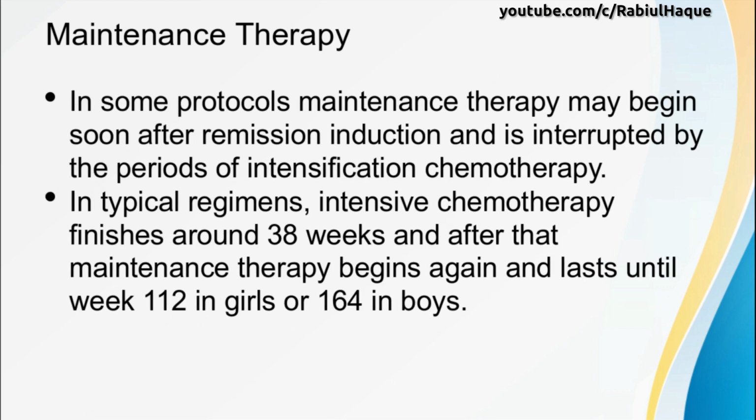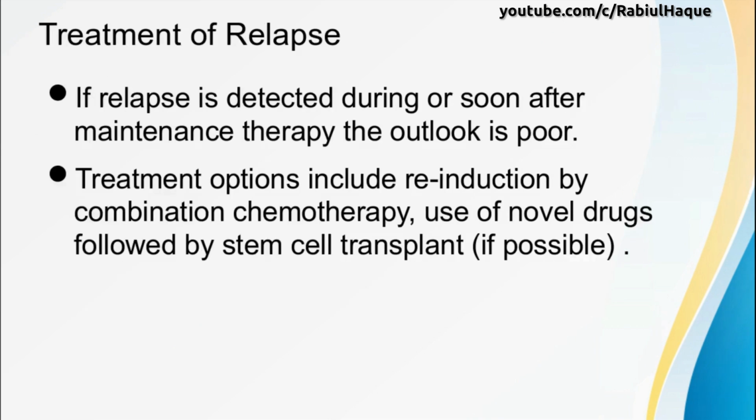Now, in some protocols, maintenance therapy may be given soon after remission induction, and it is interrupted by periods of intensification chemotherapy. In typical regimens, intensive chemotherapy finishes around 38 weeks, and after that maintenance therapy starts again and lasts until week 112 in girls or week 164 in boys.